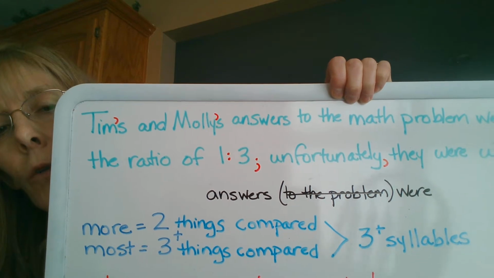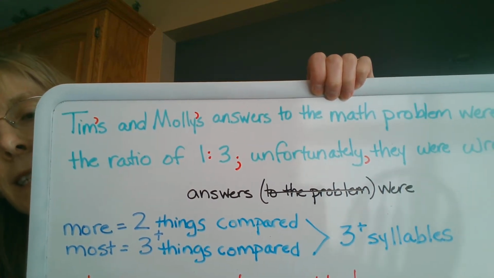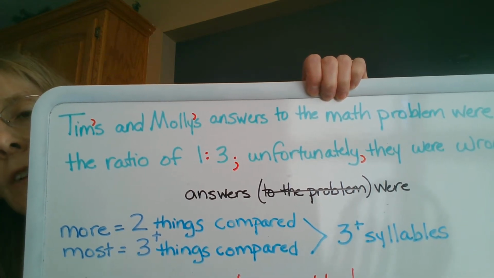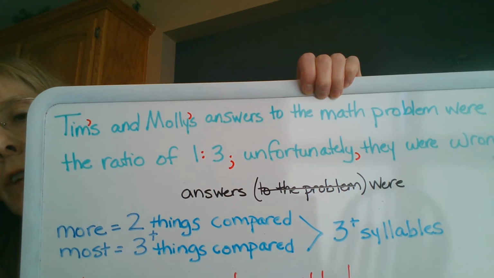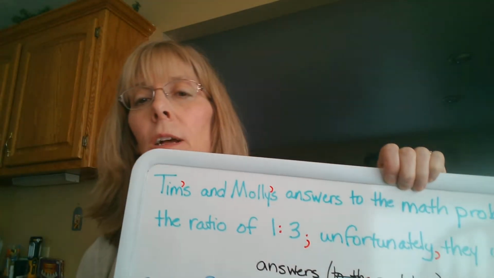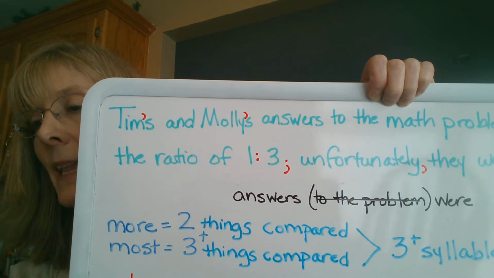You use more when you're comparing two things. You use most when you're comparing three things. And you use more or most in front of an adjective if the adjective itself has 3 or more syllables. All right, and that will all come into play in our samples. So keep those rules in mind as we're looking at this.